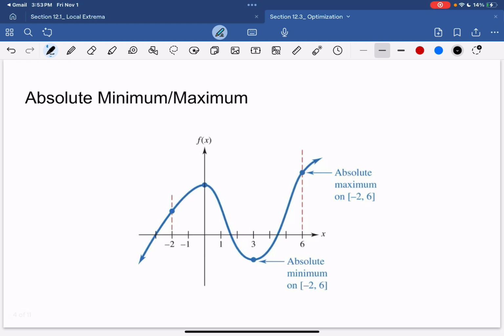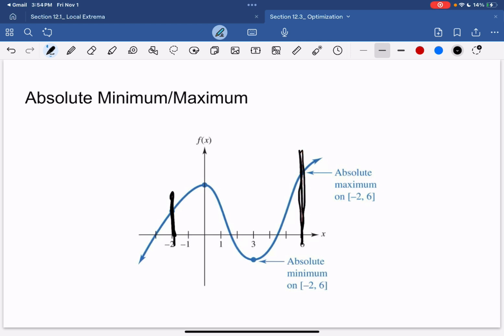Okay, so for an absolute max and min, we have this function that's defined from -2 to 6. So we're only going to consider from -2 over to 6 on the x-axis.